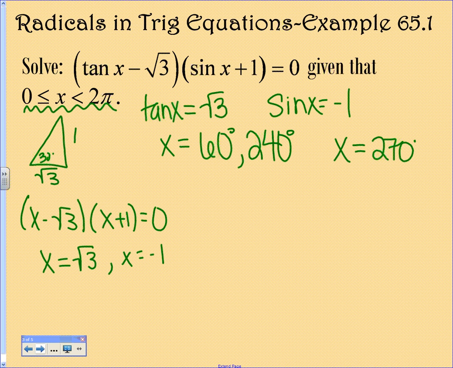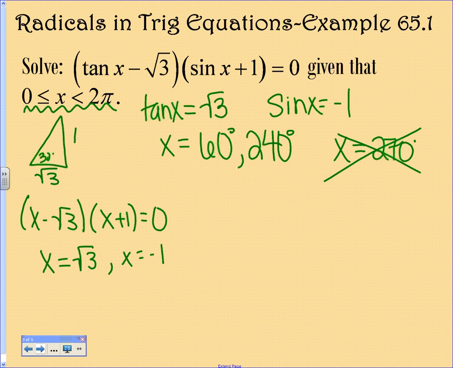Now let's check 270. Over on the right side, sine of 270 is -1, plus 1 is 0. What is the tangent of 270? Oh. Can we do undefined times 0? So does x actually equal 270 for this one? So the only two that we need to convert into radians are those two.